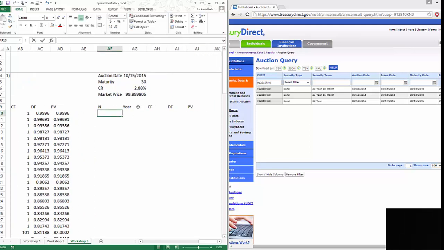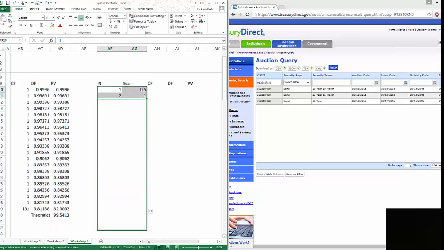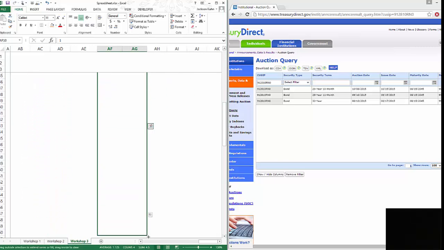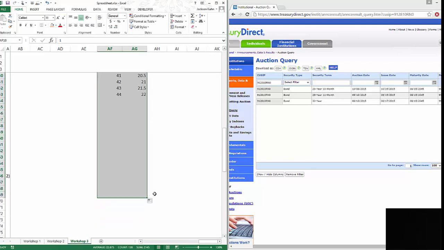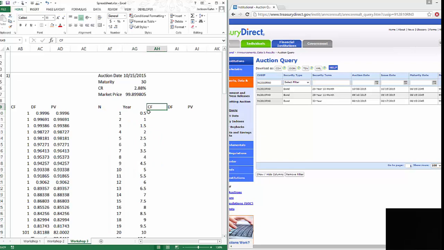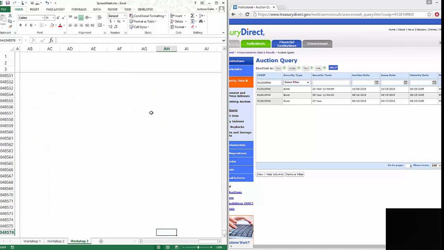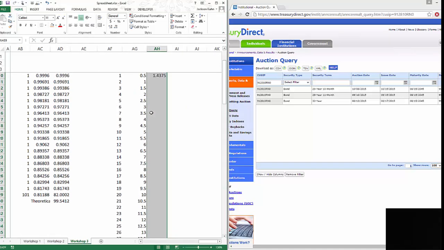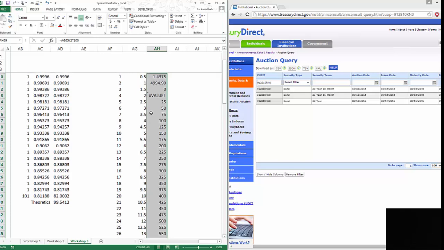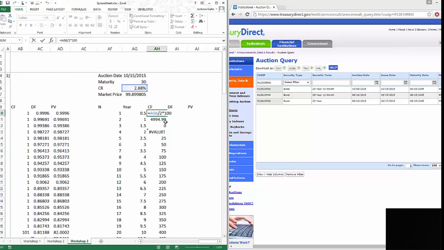So our N is going to be 1.5, 1, drag that all the way down to N will be 60, and our cash flow is going to be equal to our coupon rate divided by 2, because these are semi-annual payments, times 100. Control down will fill that up. Let's see, forgot to lock the cell. So we need to lock that. Try that one more time.